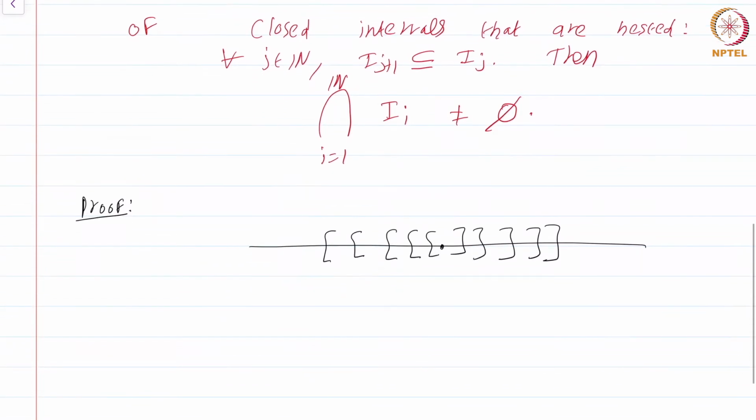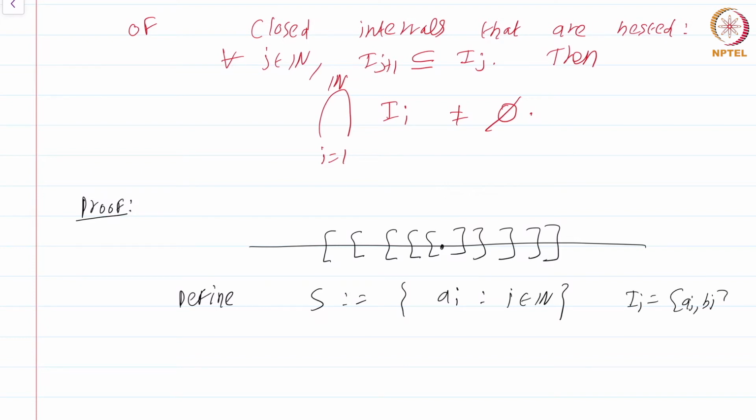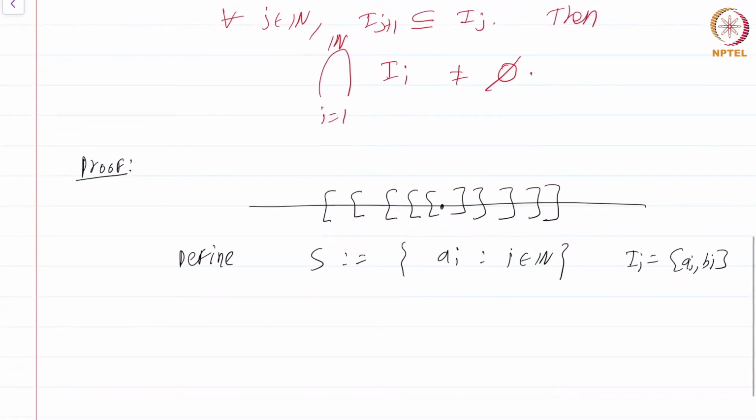Okay. Now, how do I prove this? Well, define S to be the collection of a_i such that i is in N. Note, I_i was just [a_i, b_i]. So I have these closed intervals, and I'm just looking at all the left hand points and putting them in a set.